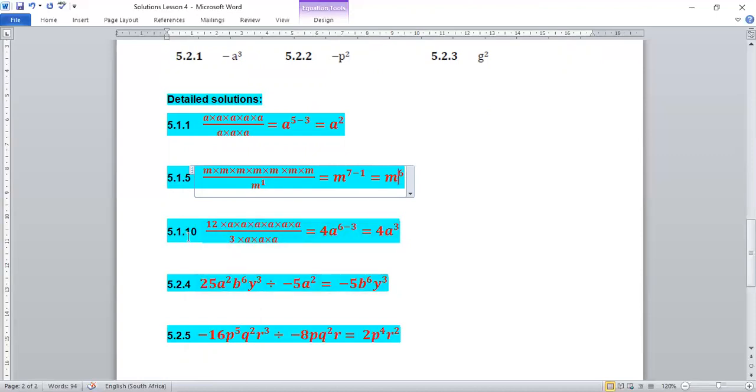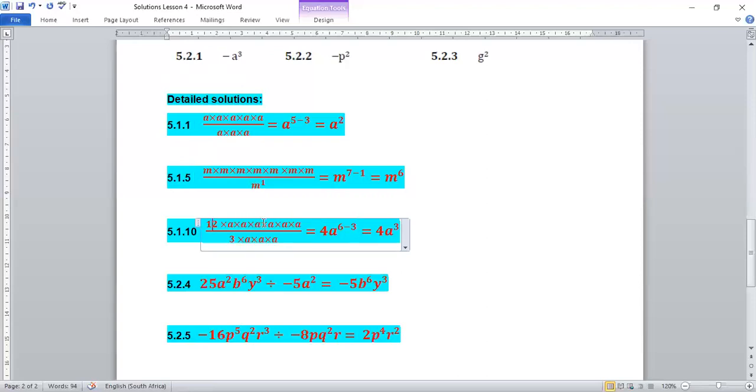Question 5.1.10 was a little different. Instead of just having variables, as in this question, you now have 12 and 3. The process, the method is the same. So the first thing you would do is 12 divided by 3 is 4.